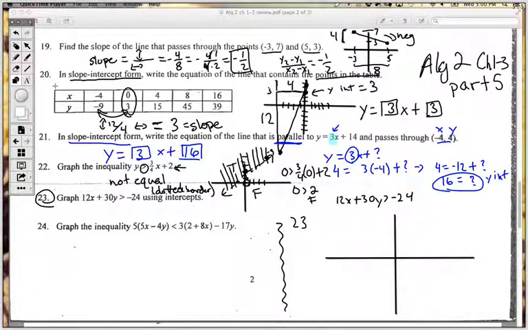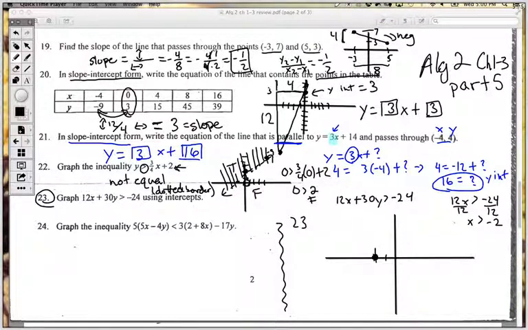So what I'm saying here is I would have 12x is greater than negative 24. Divide by 12. You'd have x is greater than negative 2, which really means that negative 2 is kind of my intercept. So I'm going to go 1, 2, and there's an intercept right there.